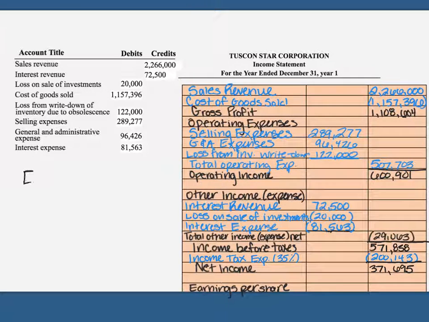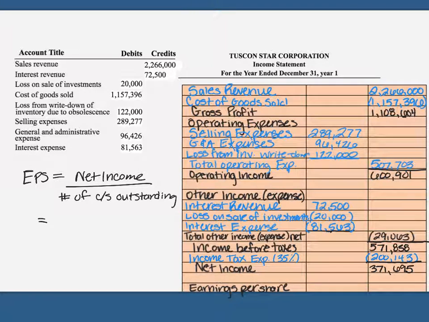Now we can use net income to help solve earnings per share. If you recall, the formula for earnings per share equals net income over the number of common shares outstanding. We know net income is $371,695.